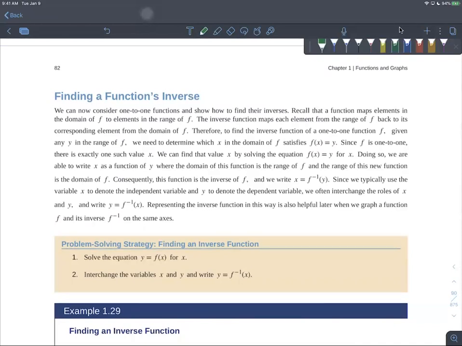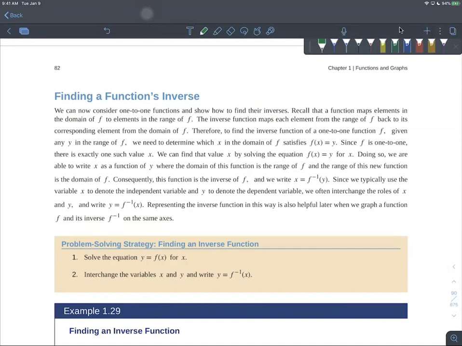Since we typically use the variable x to denote the independent variable and y to denote the dependent variable, we often interchange the roles of x and y and write y equals f inverse of x. Representing the inverse function in this way is also helpful later when we graph a function f and its inverse f inverse on the same axes.